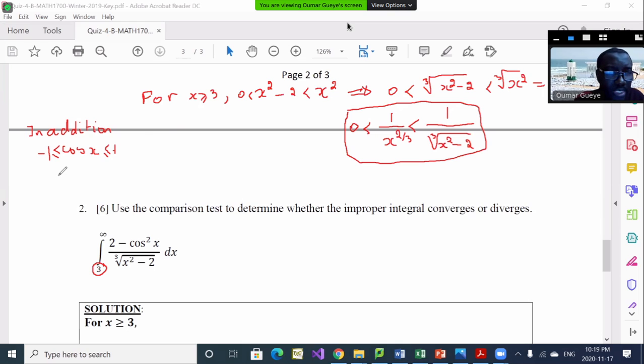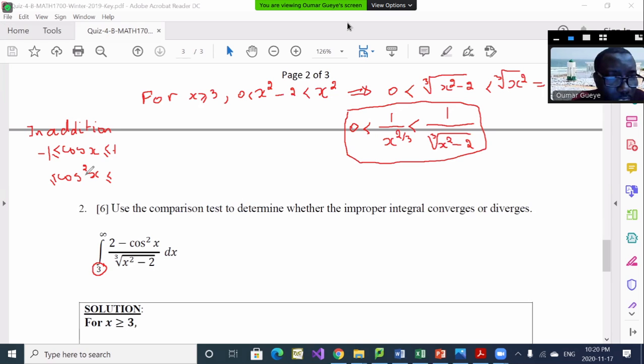And when you square it, the square of cosine is going to be between which values? What do you guys think? If cosine is between -1 and 1, the cosine squared is going to be between 0 and 1, exactly.